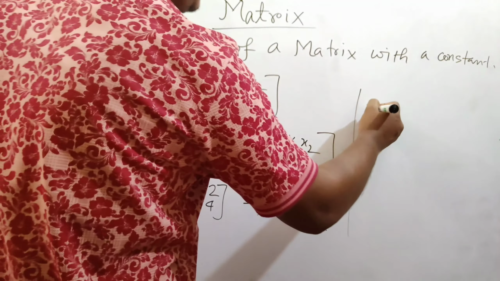Then 3A will be, look at it: 3 3s are 9, 3 1s are 3, 3 2s are 6, 3 4s are 12. So this is the answer. In that way you can easily multiply a matrix with any constant. Now I'll show an example by using this transformation.